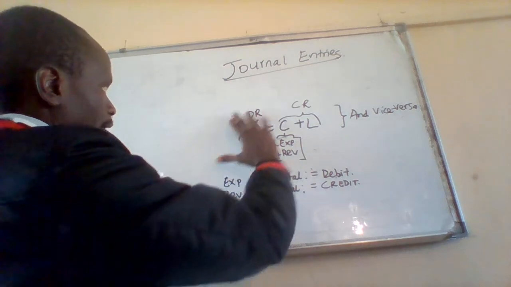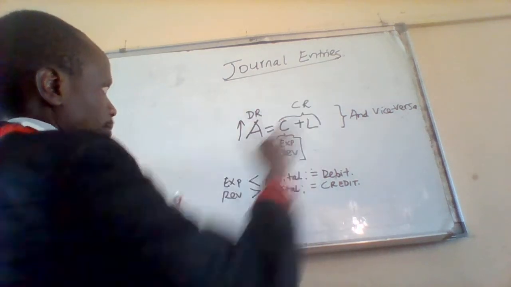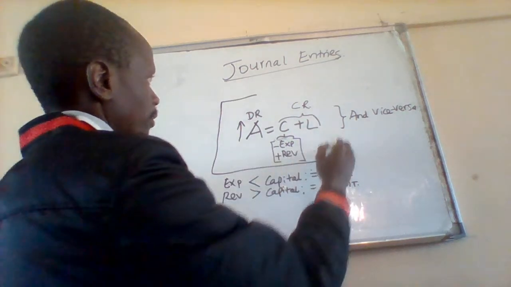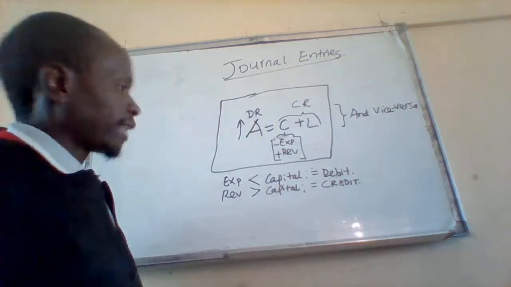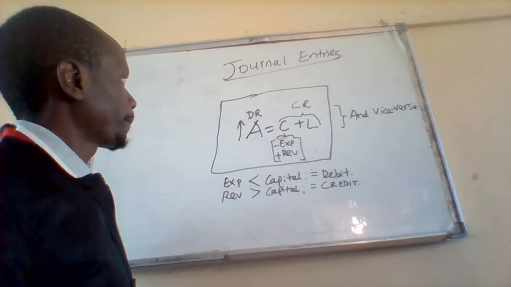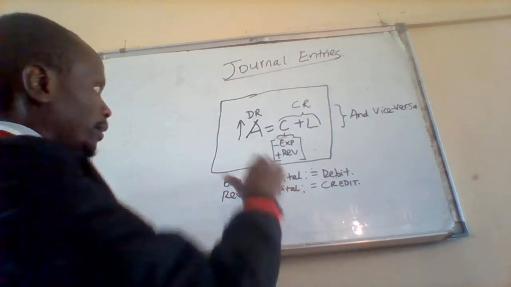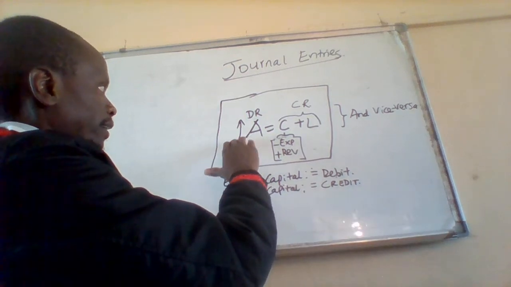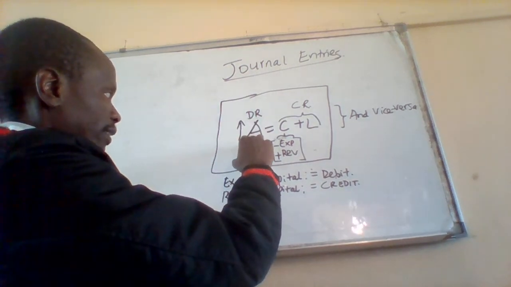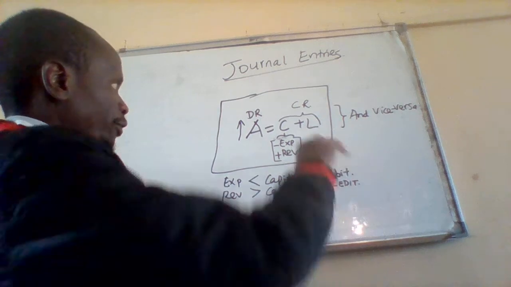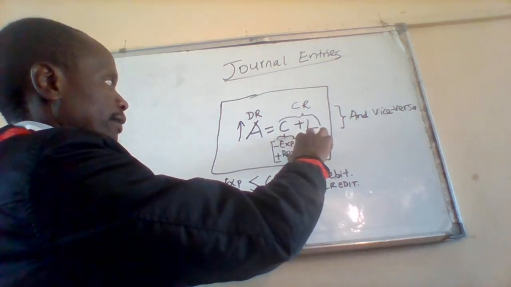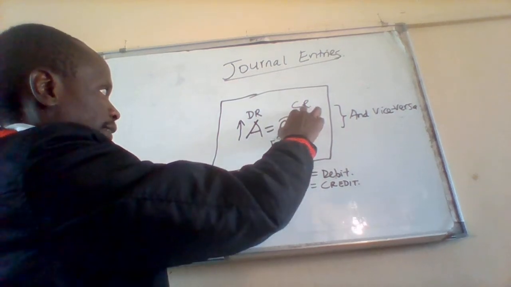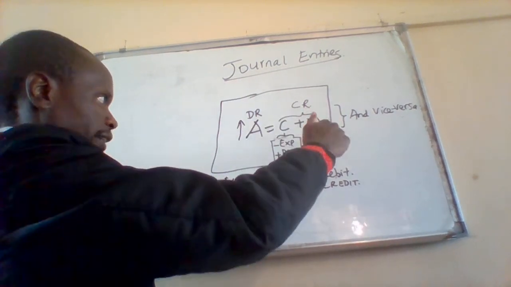So this accounting equation, this matrix, is like a Bible in accounting. If you know how to handle asset increase or decrease, you're set. If you know how to handle liabilities, increase, you do this. Decrease, vice versa.